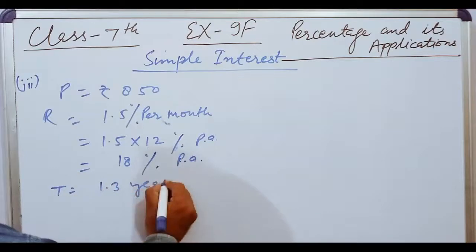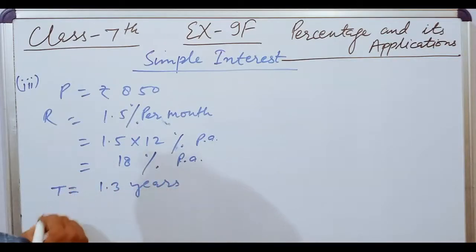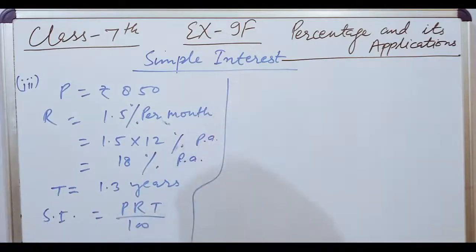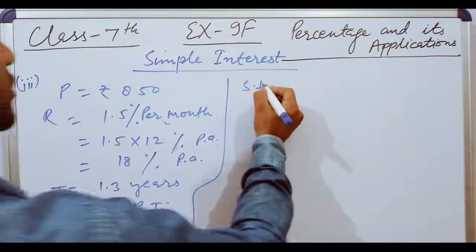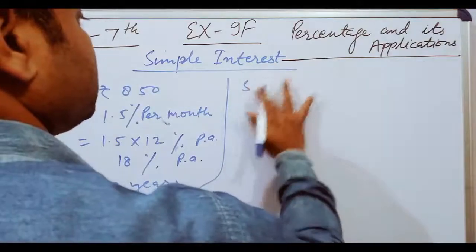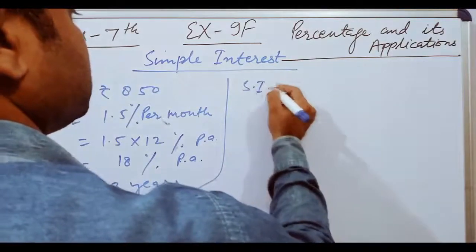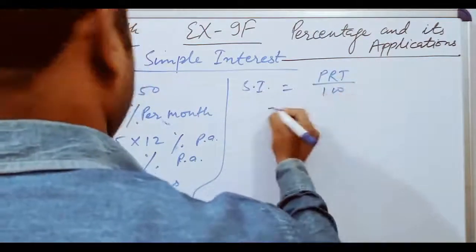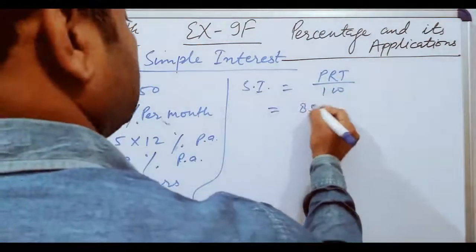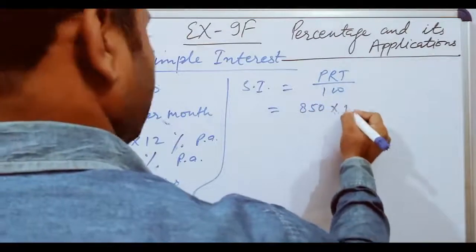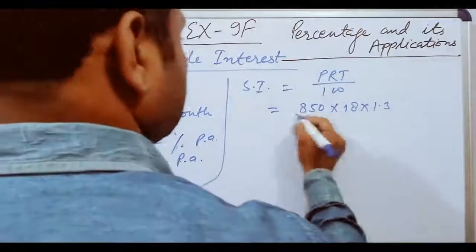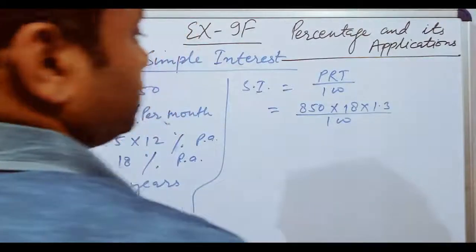Then SI equals PRT upon 100, that is 850 into 18 into 1.3 upon 100.